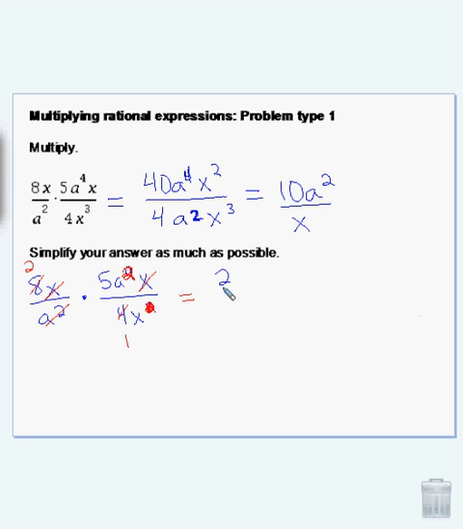To rewrite for clarity, I now have 2 over 1 times 5a squared over x, which gives me 10a squared over x. And that's how you multiply rational expressions.